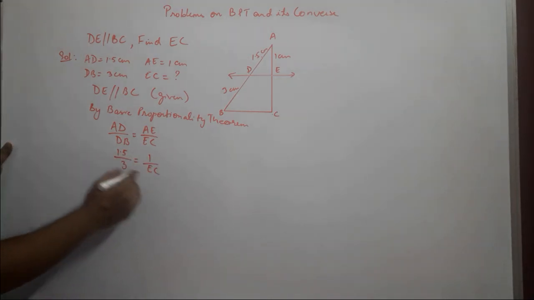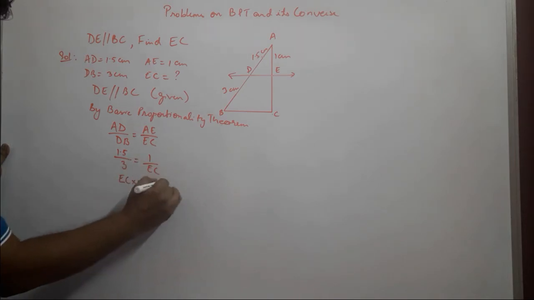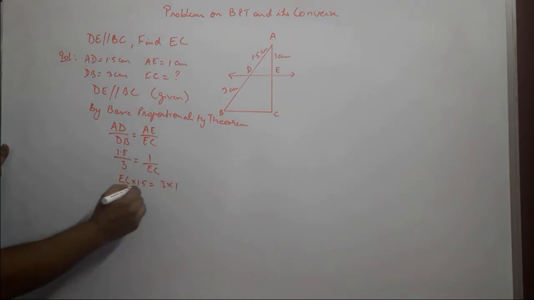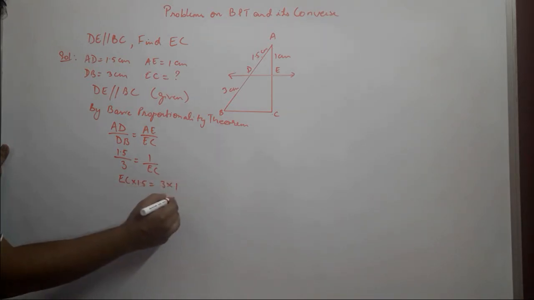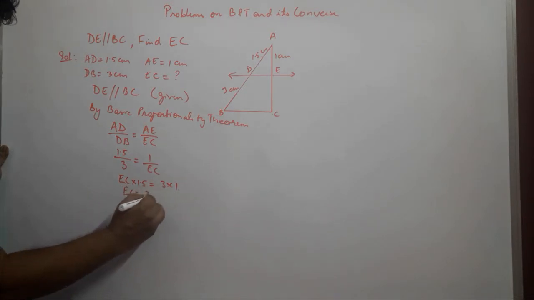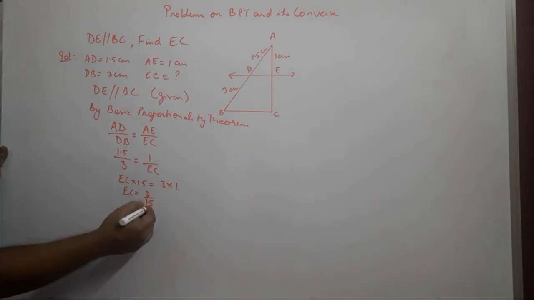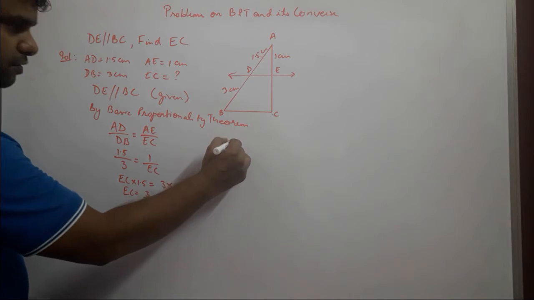So if we cross multiply, EC gets multiplied with 1.5. So we get EC into 1.5, 3 into 1. We'll take 1.5 down over here as the denominator. So EC will be equal to 3 into 1 is 3, so 3 upon 1.5. Now 1.5, if we multiply it by 2, we should get 3.